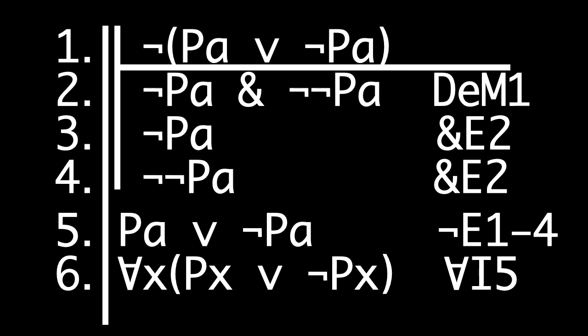Notice A here does appear in an assumption of a subproof on line 1. But the rule explicitly says an undischarged assumption. And what that means is the assumption of a subproof that you're still inside of.